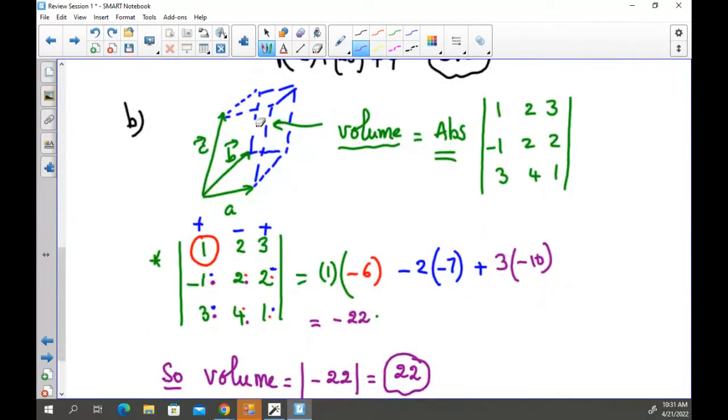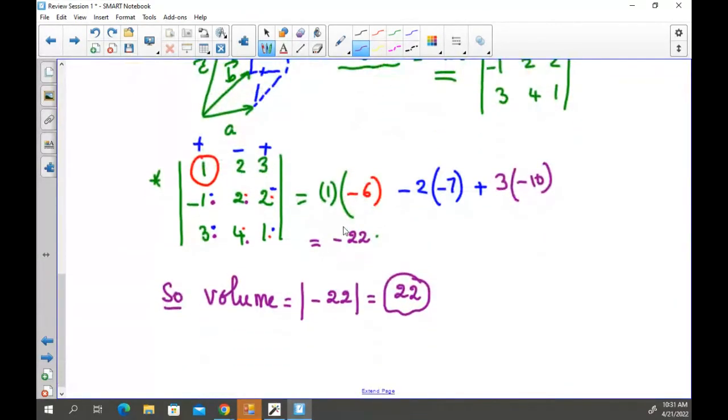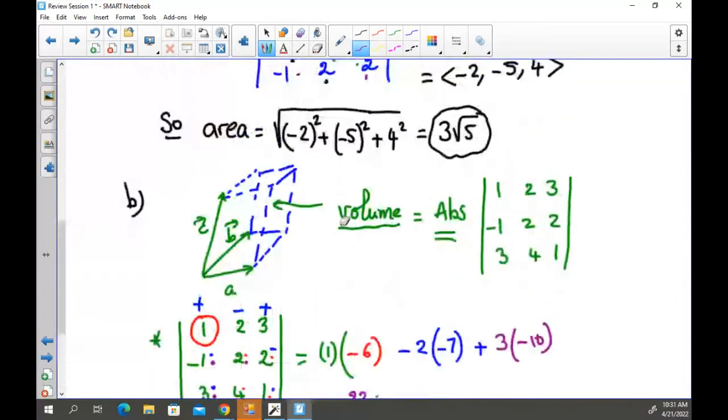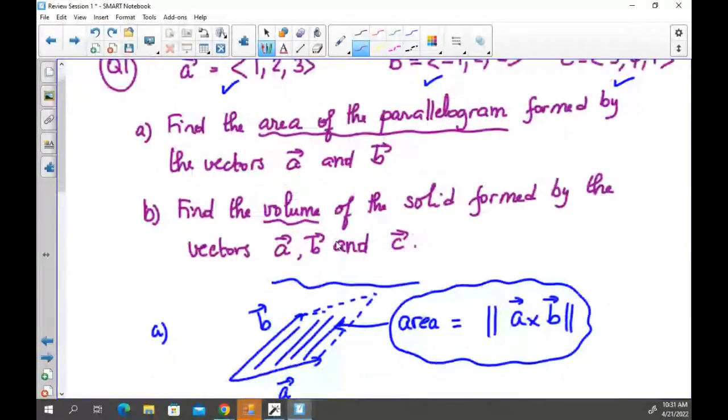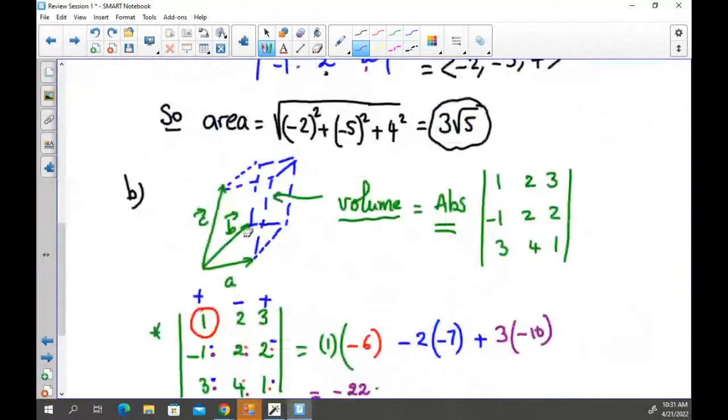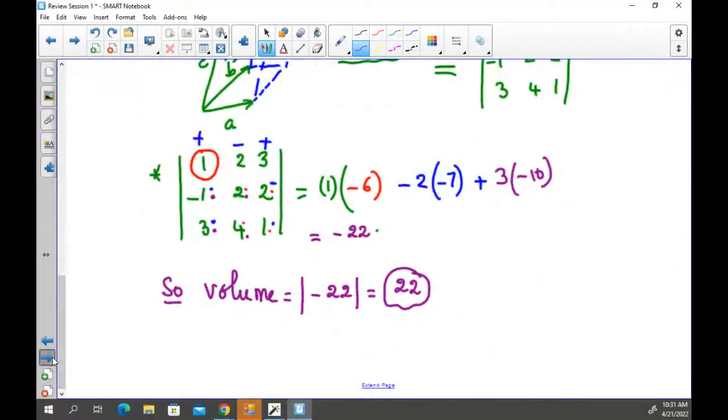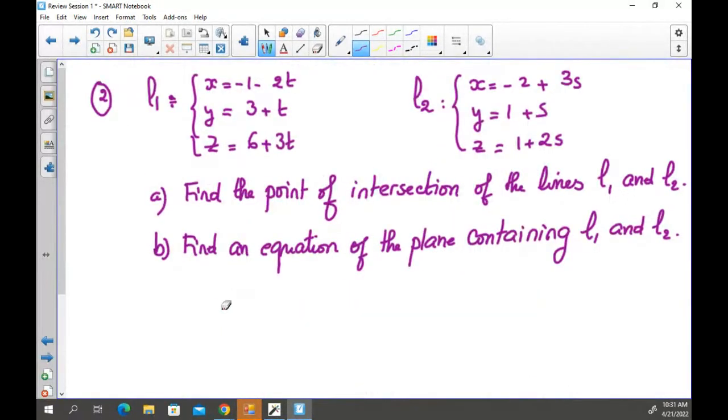Any questions, anything which is not clear here? Okay. So that is question number 1 in the final exam. Very simple question on vectors.